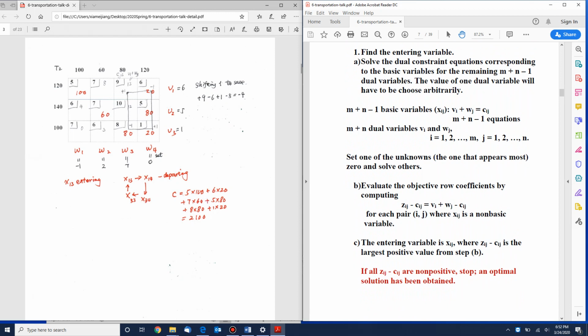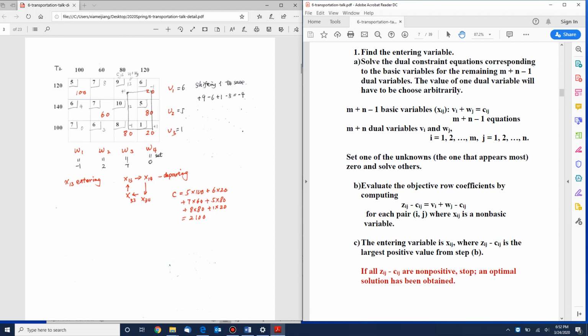We list the supplier dual variables v1, v2, v3 and the w1, w2, w3 as the dual variables, and we just write them on the right side or bottom of the tableau.